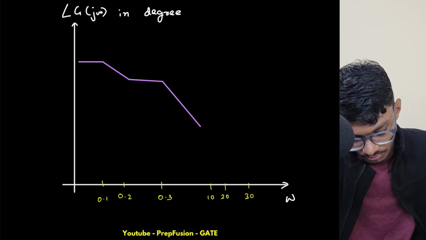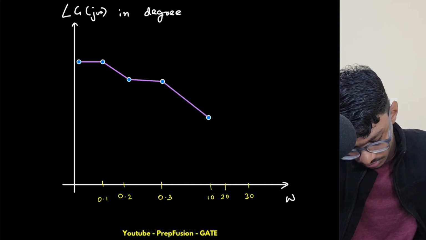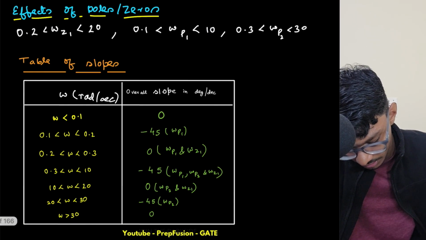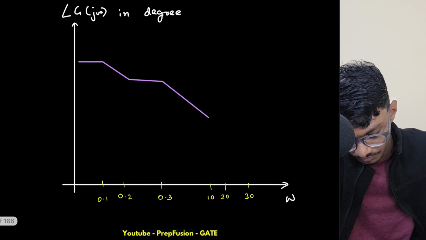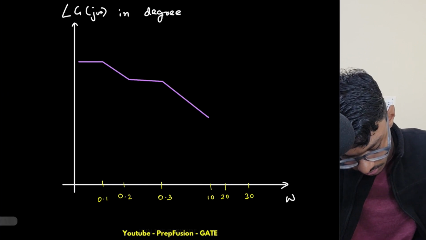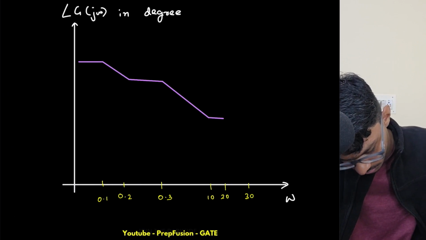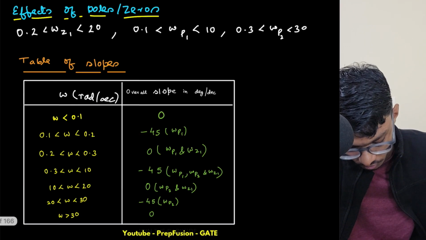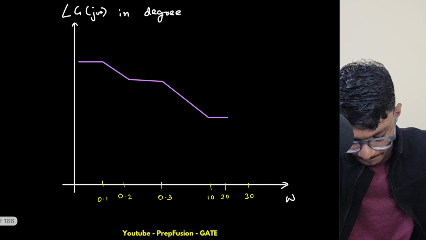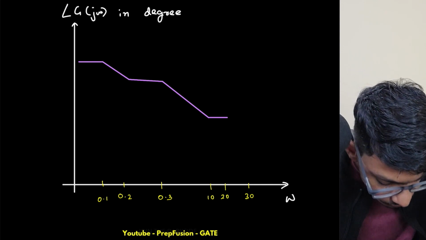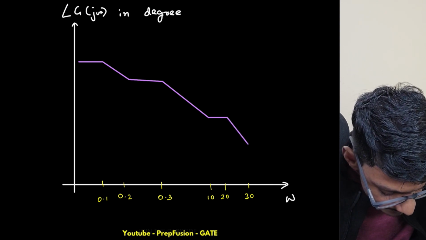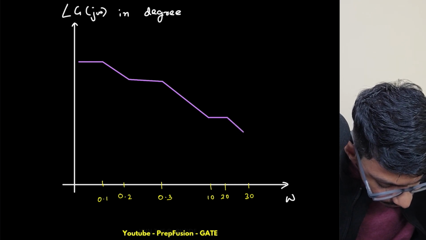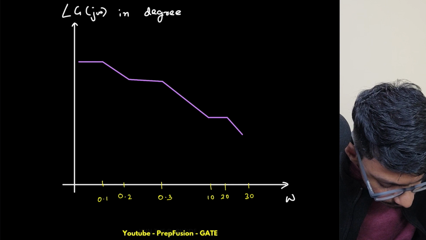After 10 to 20 I again have 0 slope, so again this will be constant. And from 20 to 30 I again have a slope of minus 45.